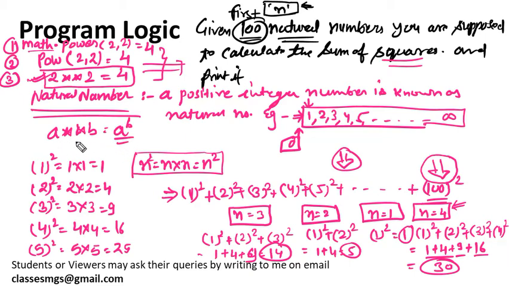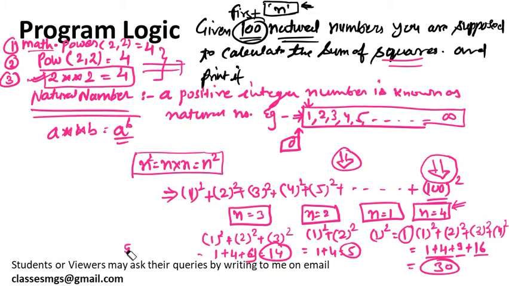So if you want to calculate this, let's try to draw it, and you should get it. Okay, so now let's suppose the n value is 3, then you are supposed to calculate 1 double star 2 plus 2 double star 2 plus 3 double star 2.